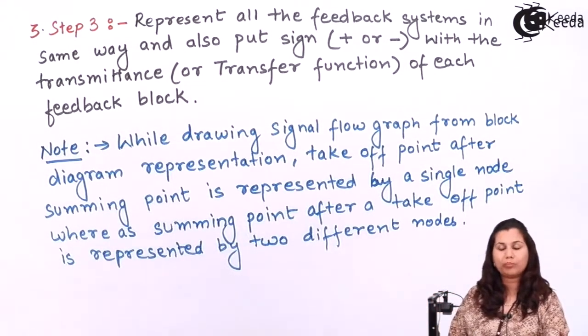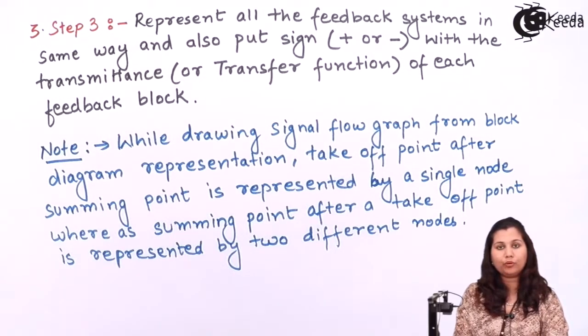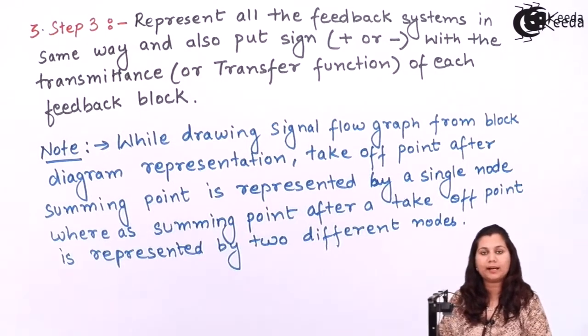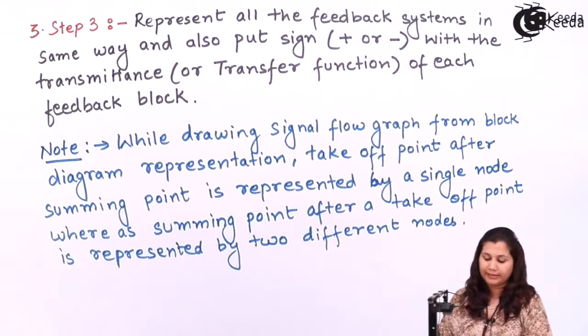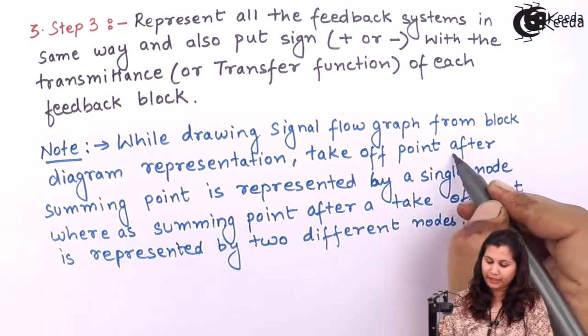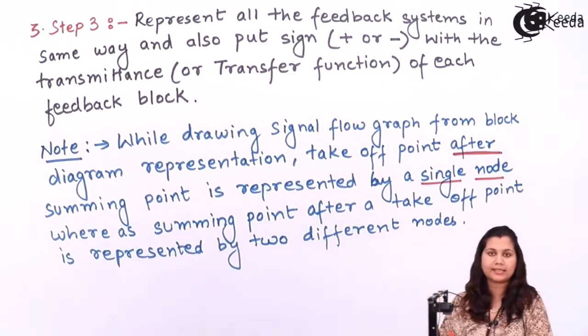You have to keep this point in your mind that whenever you are drawing a signal flow graph from the block diagram, a takeoff point which comes after a summing point is represented by a single node. Whenever the takeoff point comes after a summing point, you have to consider it as a single node.